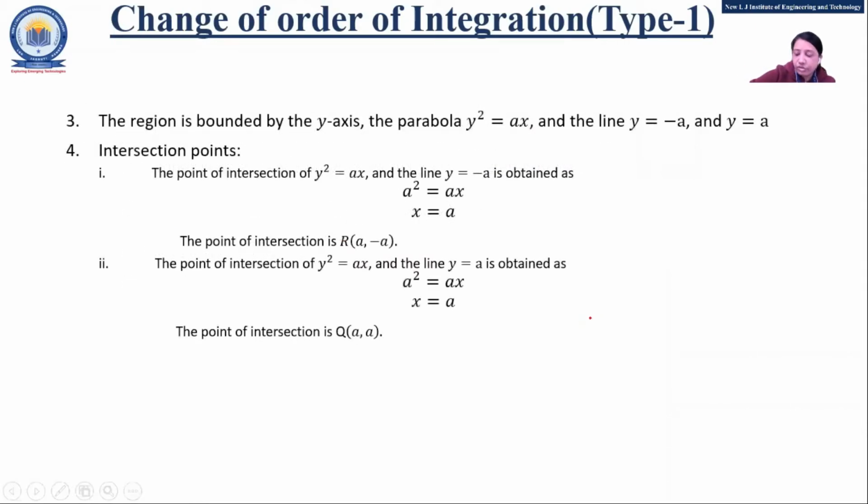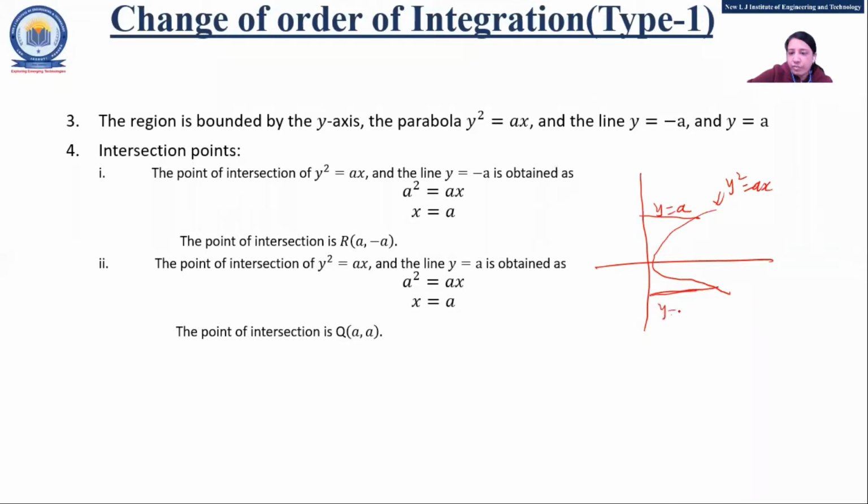I'll just redraw here also, so that it will be easy for you to understand. This is our parabola, y square equal to ax, right? This is y equal to a, y equal to minus a. This is P, Q, R, S. We need to find out these points, right?